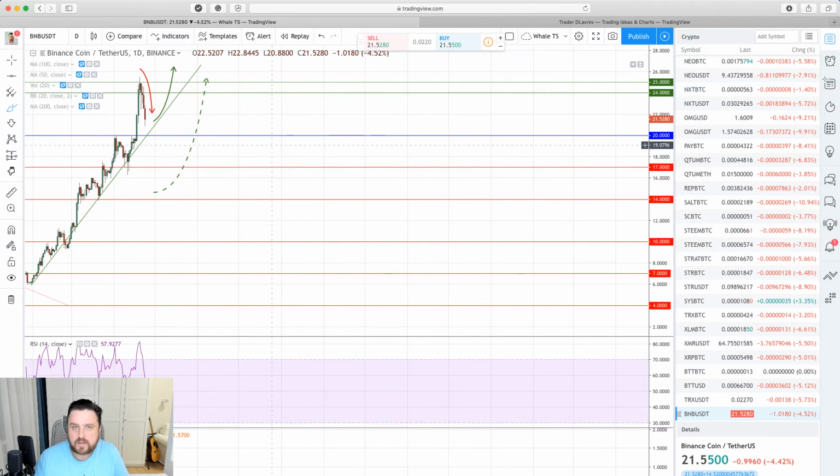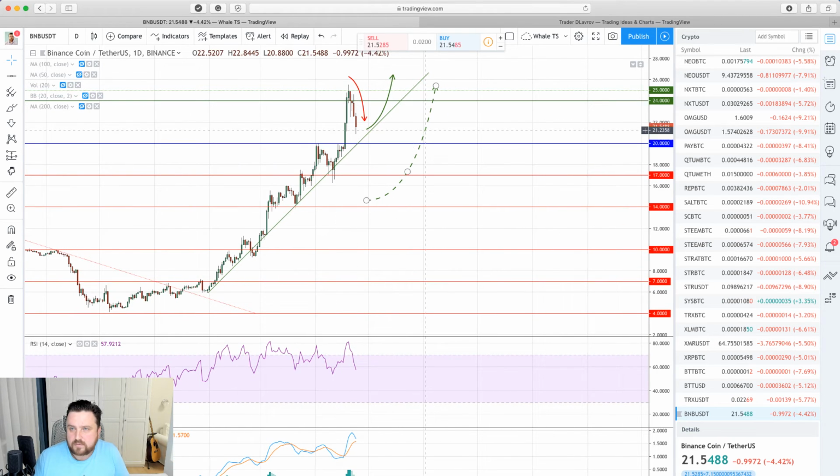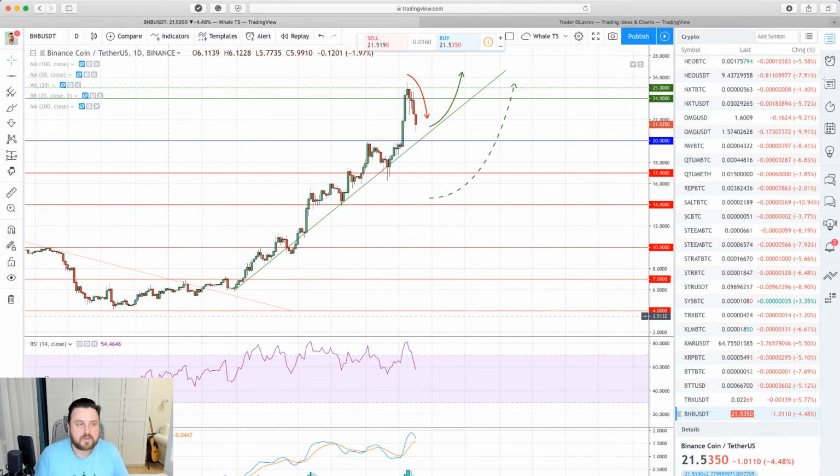So we see now that price bounced and started falling for 1, 2, 3, 4 days. So, possible market movements based on the current market conditions.